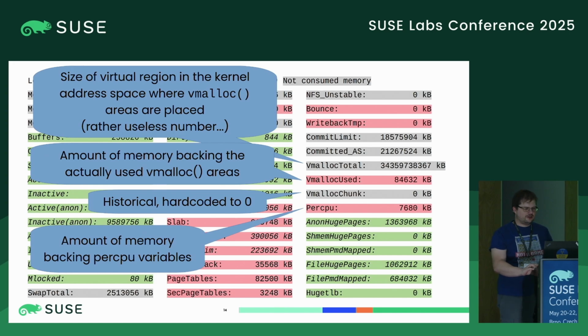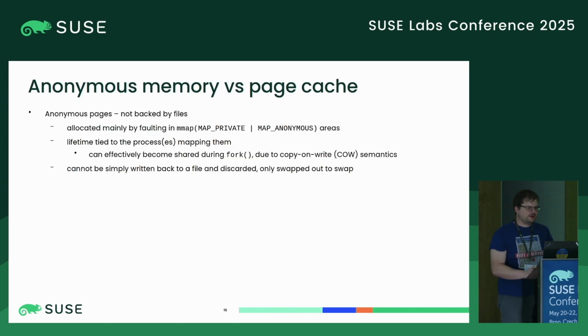Now let's finally look at the user space memory, which was the green one. For that, we also have to realize that there are two kinds of user space memory. I already touched on it a bit. The page cache is populated by files, and the anonymous pages are populated by processes doing mmap with MAP_PRIVATE and MAP_ANONYMOUS, and then writing some data into them.